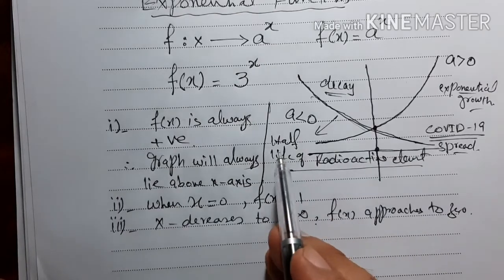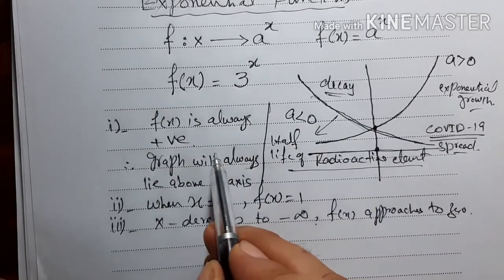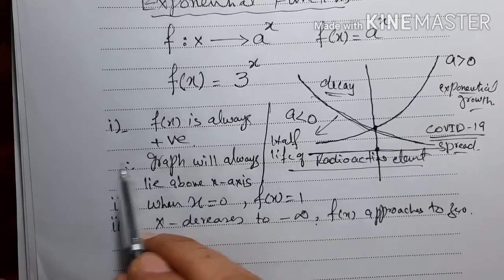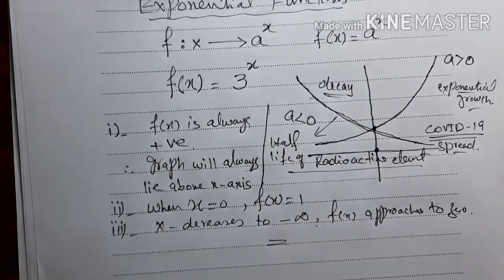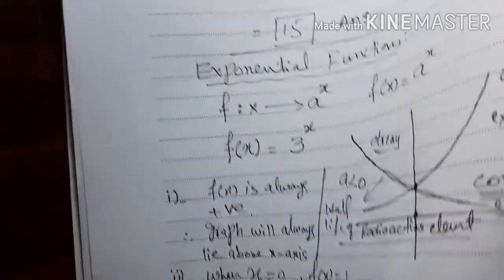So this f(x) will almost touch the x-axis. So these are some examples of the exponential graphs.